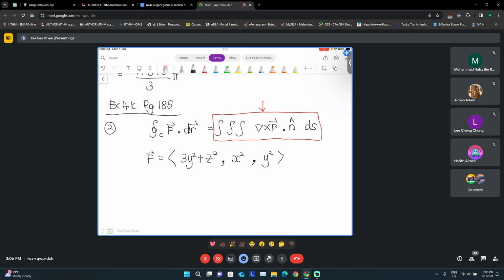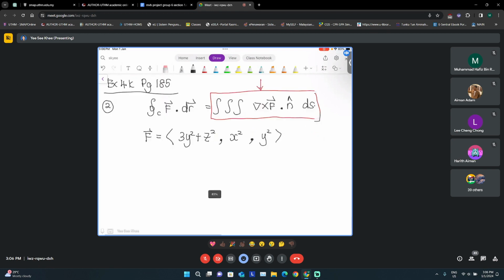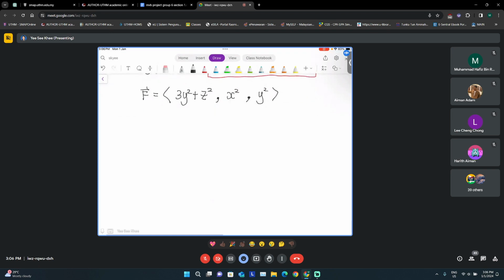So C is the curve of the boundary of the plane. Maybe the first thing is you have to draw the plane first, because you want to imagine, right? So the plane has the equation x plus y plus z equals 5. So this is a plane in the first octant. So we draw this thing.